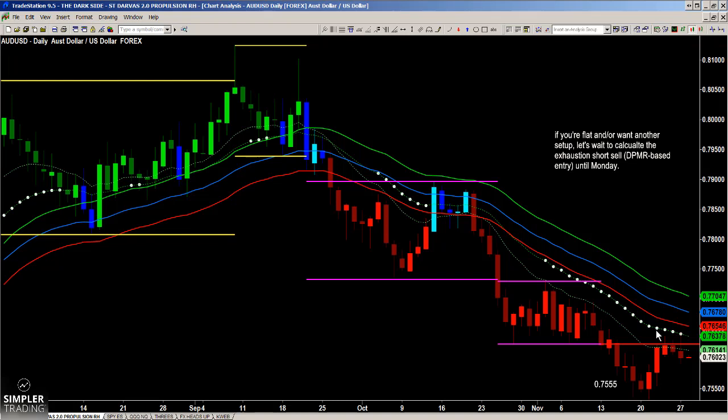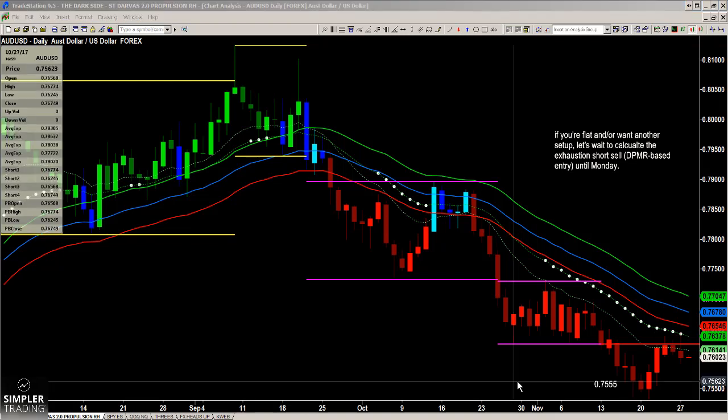Now, we've been looking to play the 76 level. The Aussie US was basically an entry from where we sit right now. I could have been more conservative and gone with an entry up around the 76.20 area.